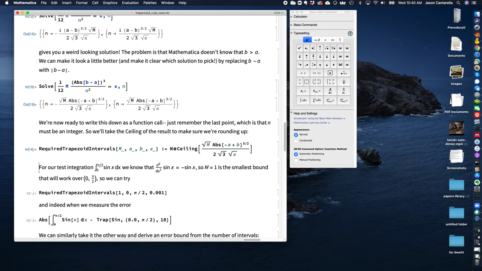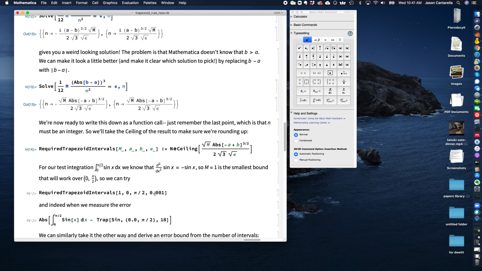And now for our test integration, the integral from 0 to pi over 2 of sine, you know that the second derivative of sine is minus sine. And we're evaluating over the interval 0 to pi over 2, where minus sine goes from 0 to negative 1. So M equals 1 is the smallest bound on the absolute value of this second derivative that will work.